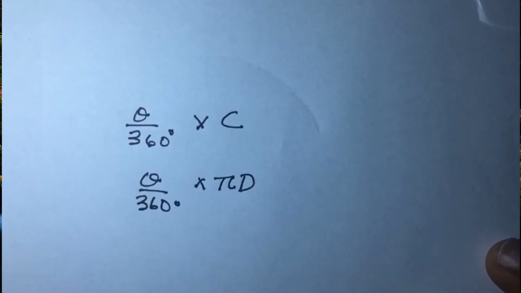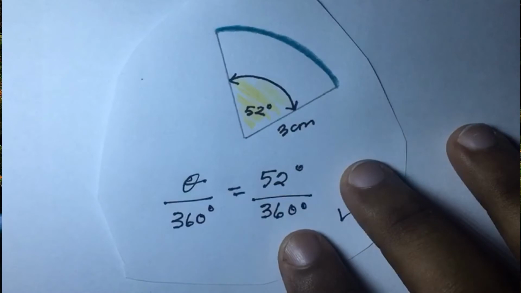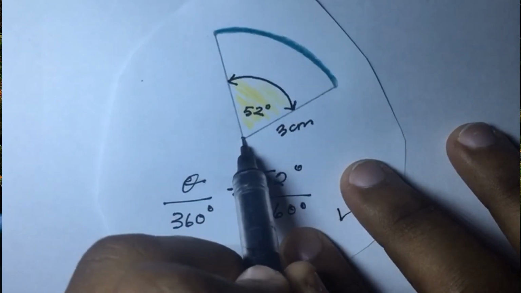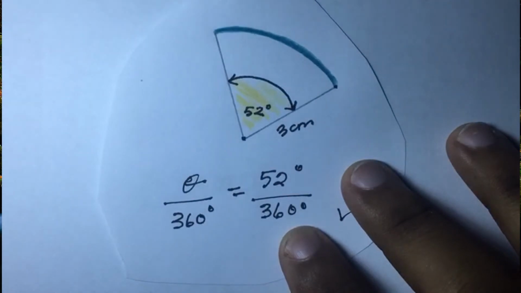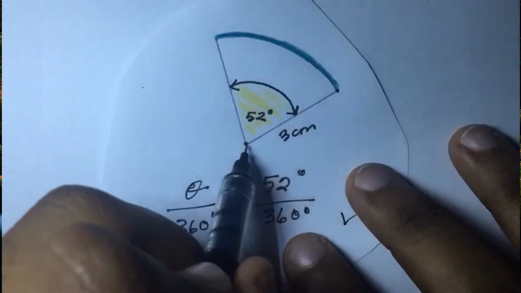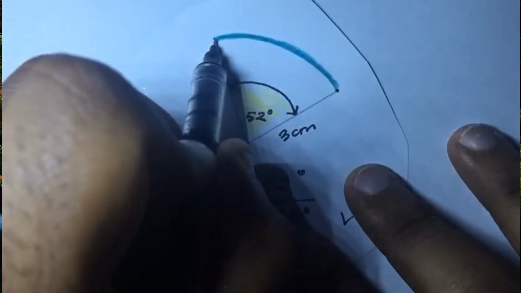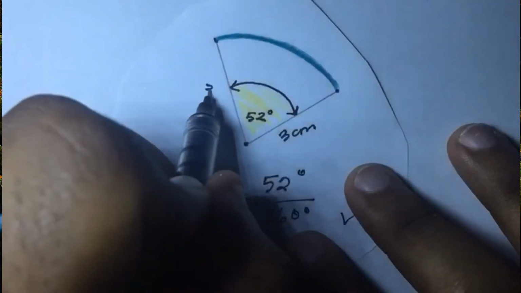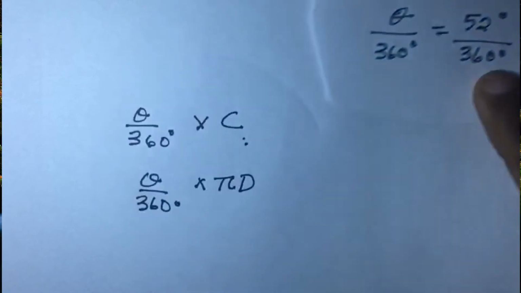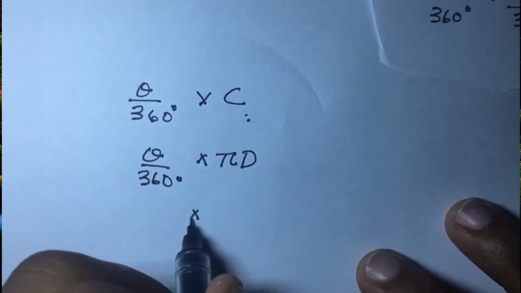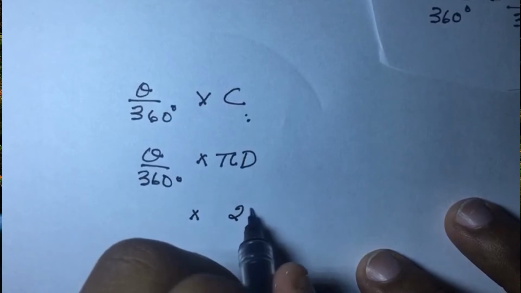Now, if we didn't have the diameter, as in this case, and only had the radius, which is from the center of the circle to one point of the circumference, this also measures 3 centimeters. We know the relationship between the diameter and the radius: the diameter is 2 times the radius.